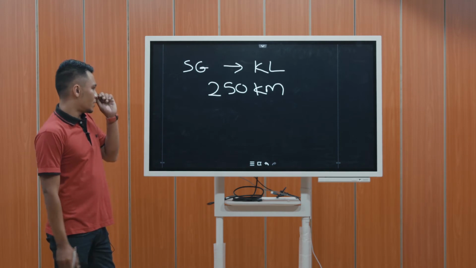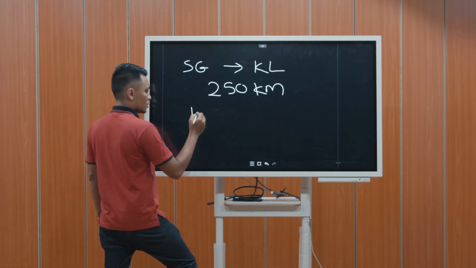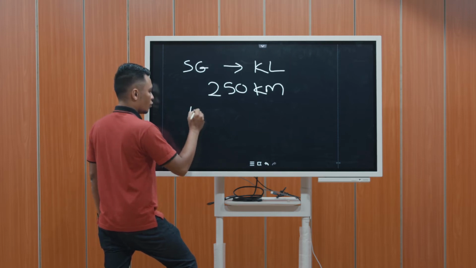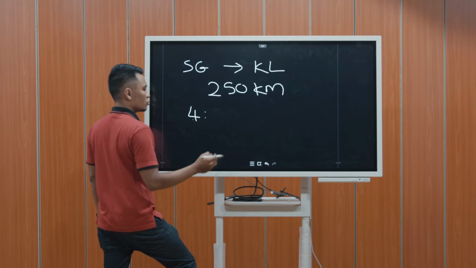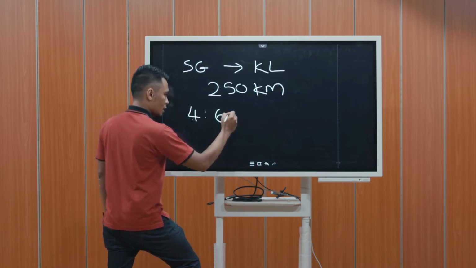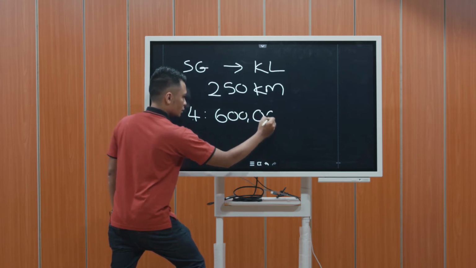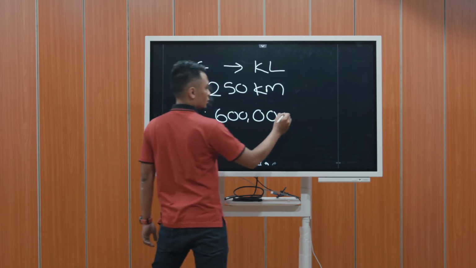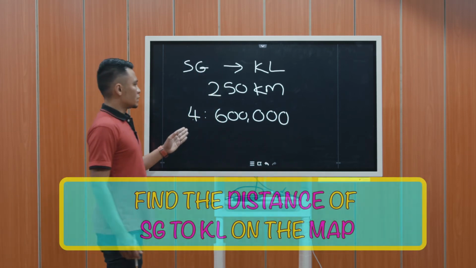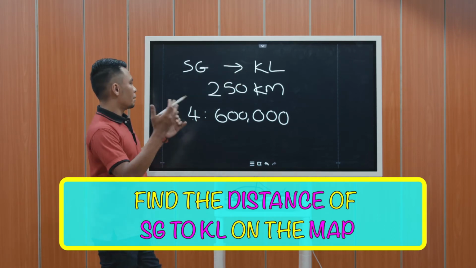The scale of the map is given as 1:4:600,000. Find the distance of Singapore to KL on a map.